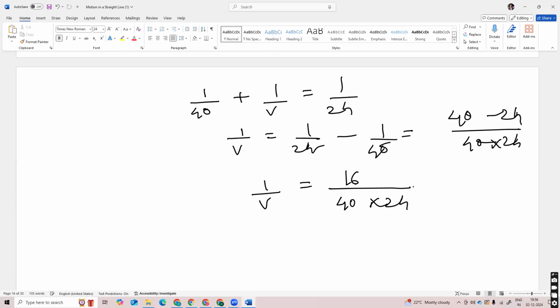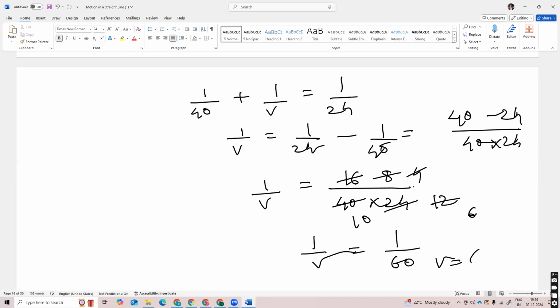We will again divide by 2, so both numerator and denominator give 8 and 12. Again dividing by 2, we get 4 and 6, and if you divide 40 by 4, you will get 10. So 1 upon V is equal to 1 upon 60. Therefore, V is equal to 60 kilometer per hour.